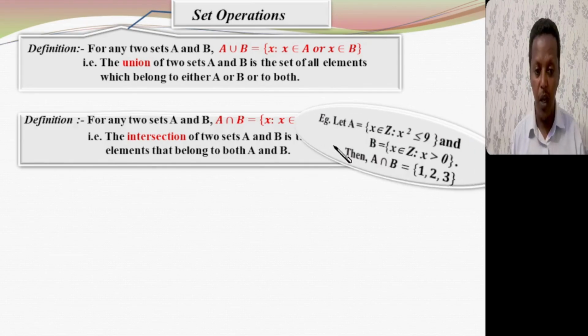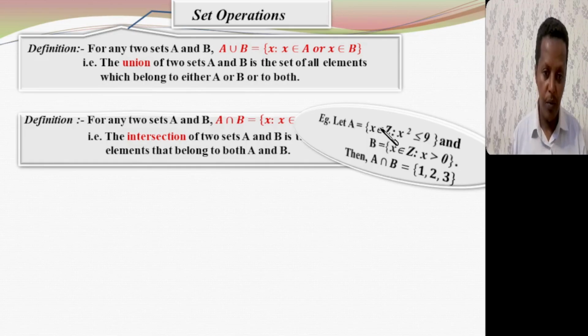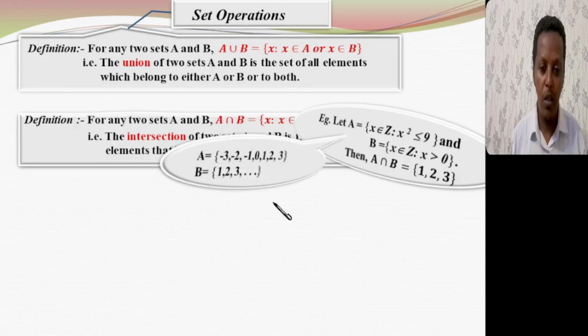Again, if you take set A as integers where x squared is less than or equal to 9, and set B containing integers greater than 0, then the intersection of these two sets will be 1, 2, 3, because set A contains integers from minus 3 up to 3, because the square will be less than or equal to 9.